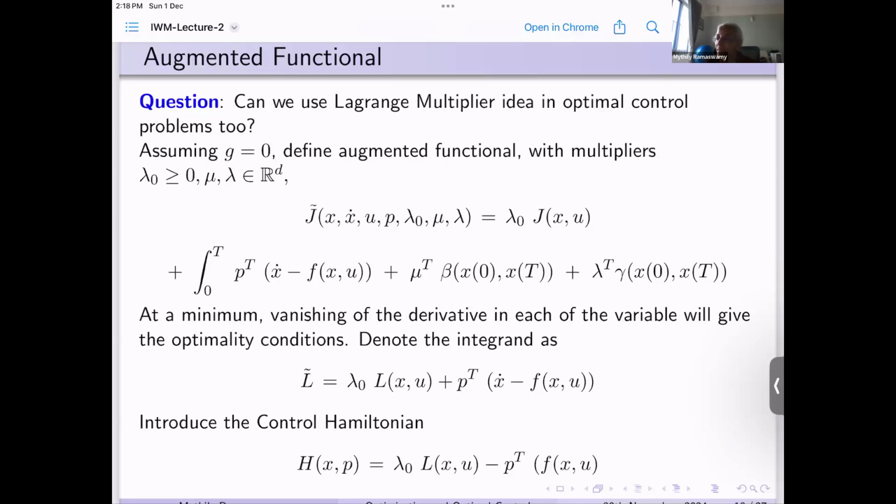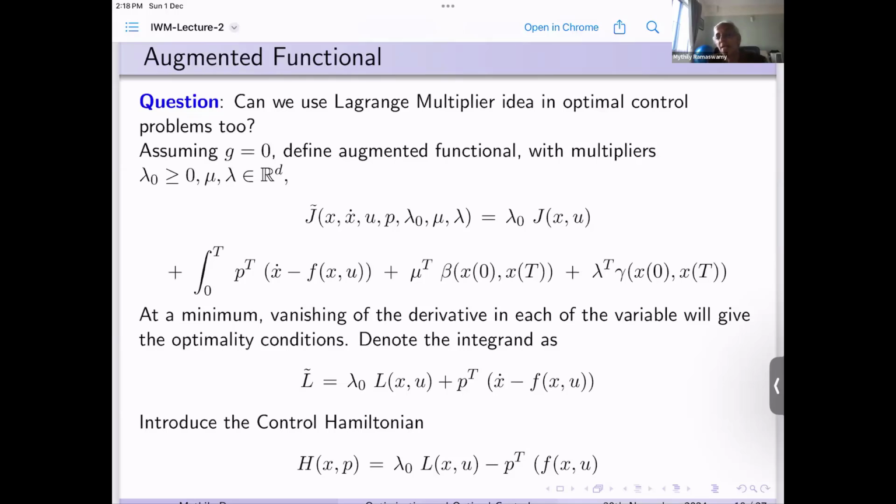So what is the integrand? The integrand I denote by L tilde. L tilde is, earlier one, lambda naught L. The lambda naught is always added, as I told you, to avoid the degenerate case. Because we simply wrote down gradient of f equal to lambda times gradient of g. Now this has to hold even when gradient g is 0.